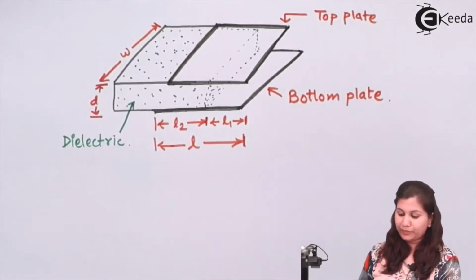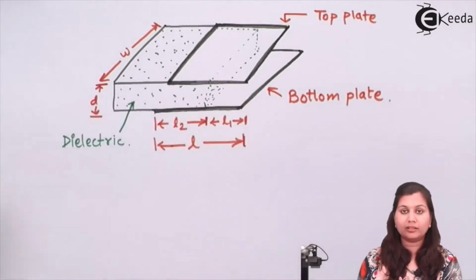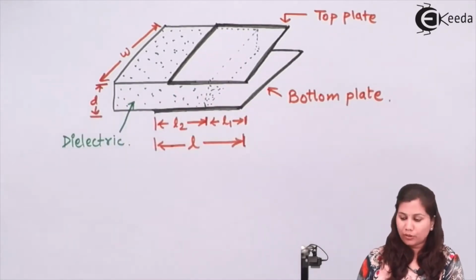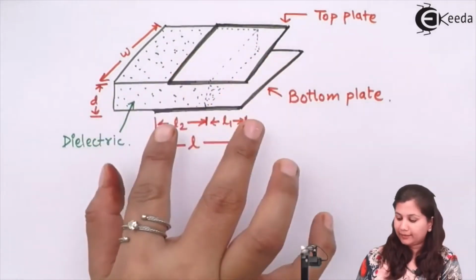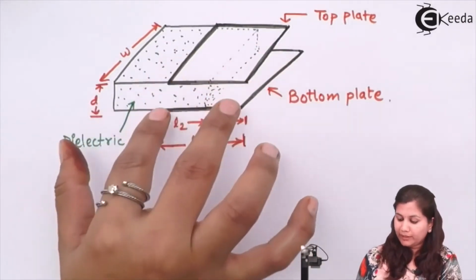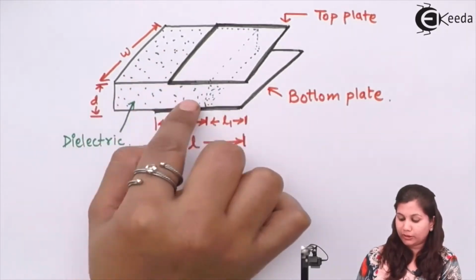So this is an arrangement used for the measurement of displacement by measuring the variation in the dielectric constant. Here you can see we have two plates, the top plate and the bottom plate. In between these two plates we have a dielectric medium, which is shown by the dotted points.